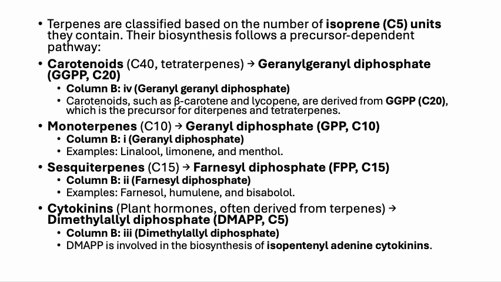Cytokinins are plant hormones that can regulate the levels of these. Here, dimethyl allyl diphosphate, DMAPP, is a part of that. And these are adenine based molecules.